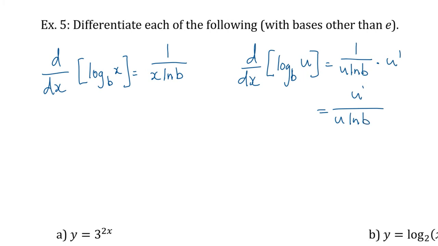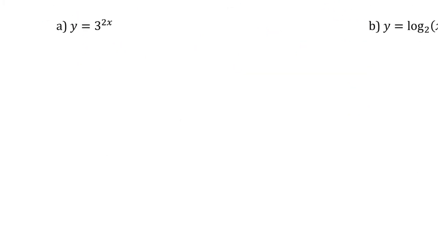Okay. This is from yesterday. y prime equals 3 to the 2x times ln of 3. Sometimes putting that in brackets makes it clearer. Times 2, derivative of the exponent. Okay, and you're done.